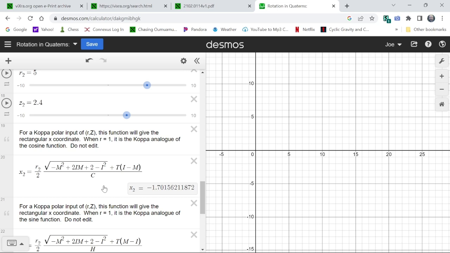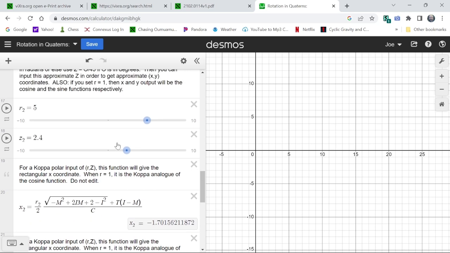It only becomes approximate if you try involving theta. If you try measuring in degrees or radians, then all this work in quaterns does become approximate, but it's a very good approximation. As long as you stay in quaterns, this is exact.